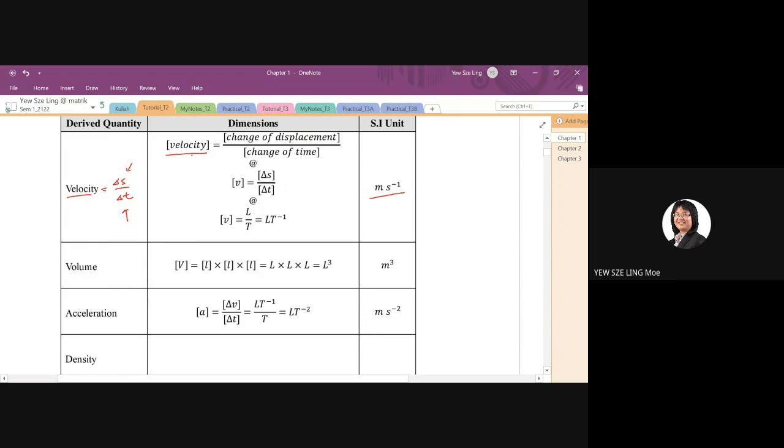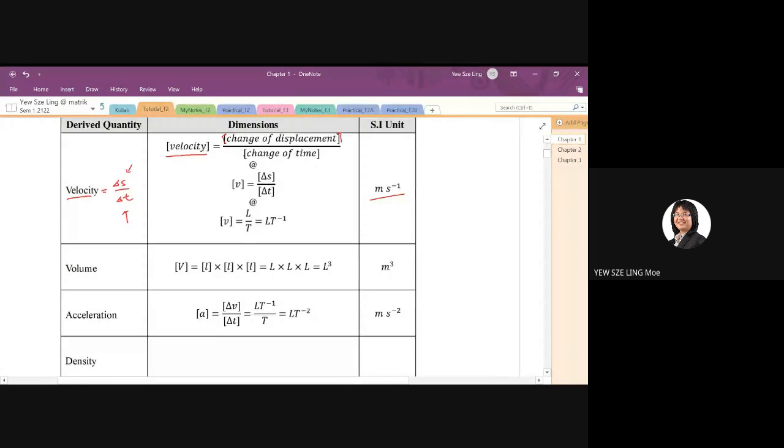For magnitude, you don't put a square bracket, but for unit dimensions, you put a square bracket. As you can see here, I put a square bracket beside the velocity, a square bracket for change of displacement, and a square bracket for change of time.